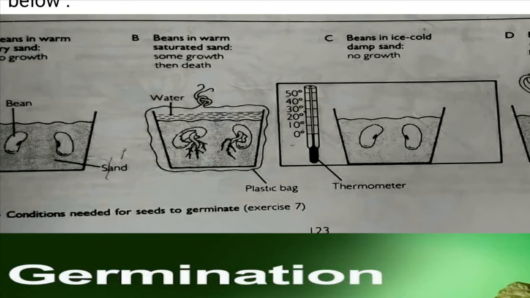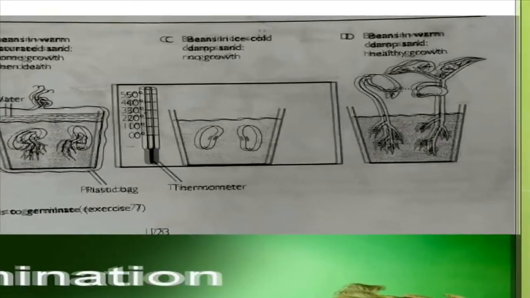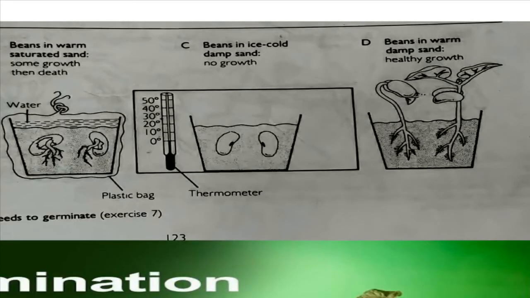And in dry sand there would be no growth. So the perfect example is this one, number D, beans in warm damp sand. So we can say that where the sand is moist and the temperature is nice and constant, there the beans can grow perfectly, okay?